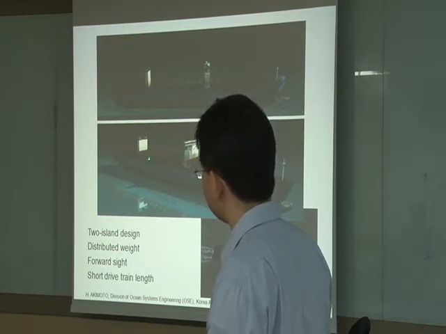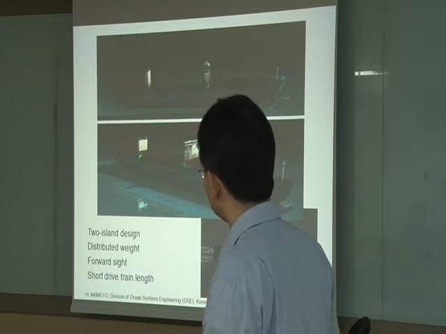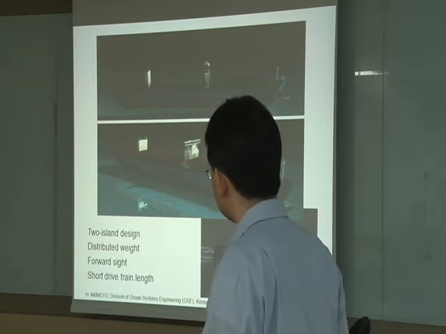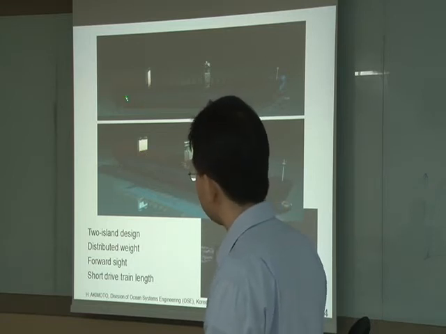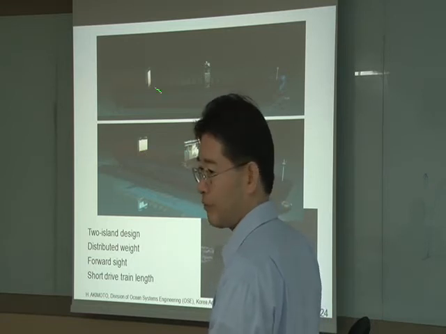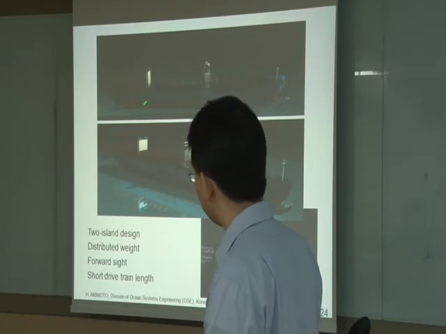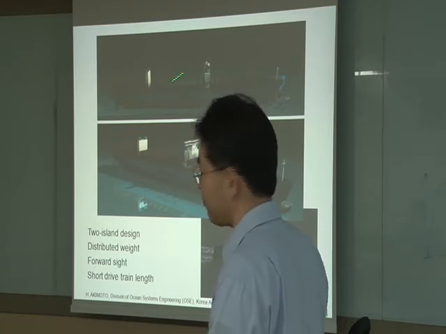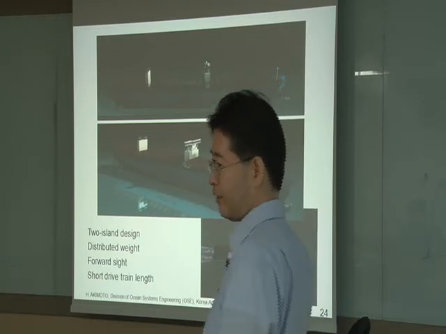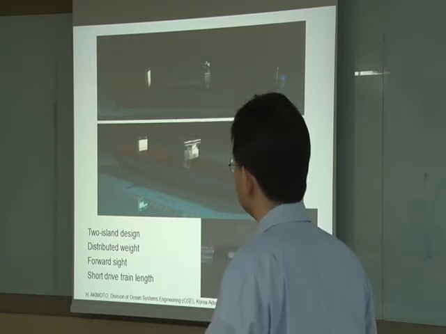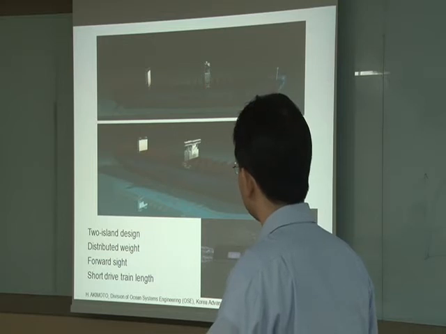This is the second island for the funnel. So it indicates the engine is in this position. So engine and bridges are separated, so it requires wiring for the control of the power plant.